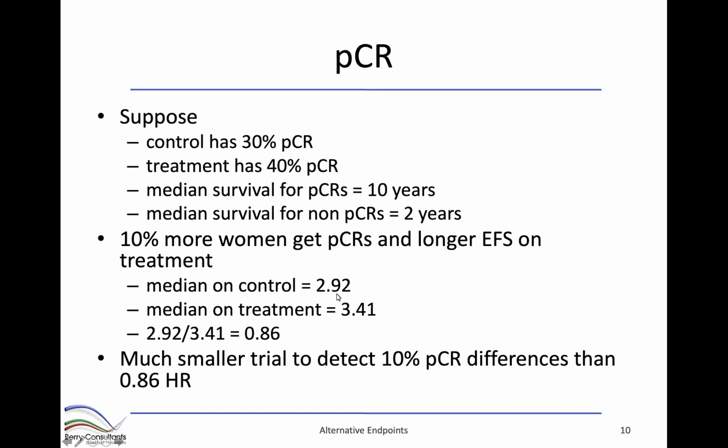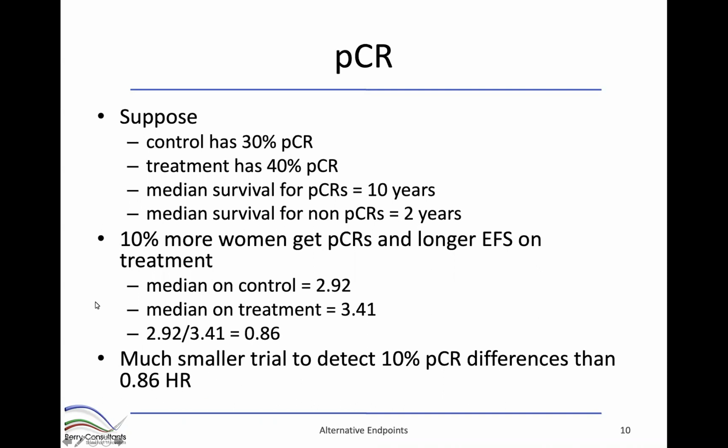So we can find the median EFS for each group: 2.92 on control, 3.41 on treatment, and that ratio is 0.86.